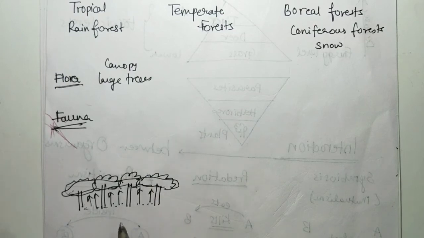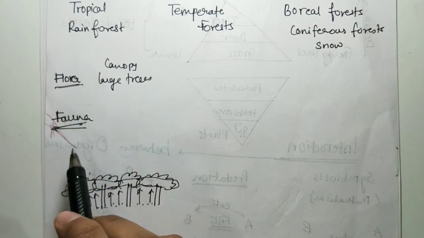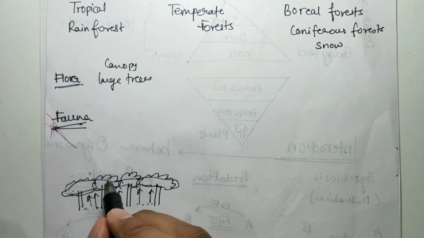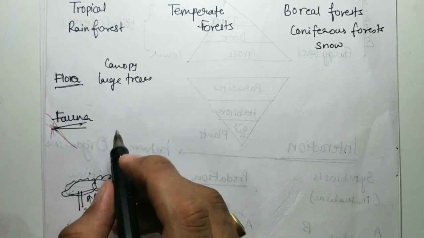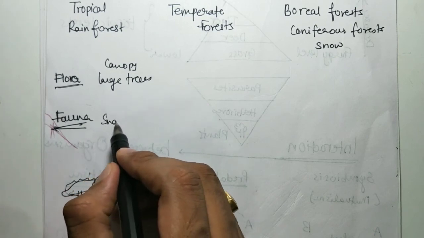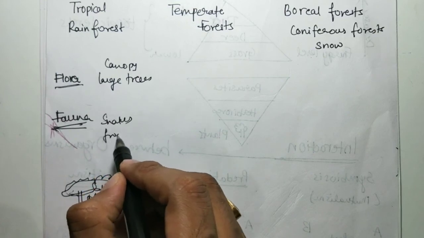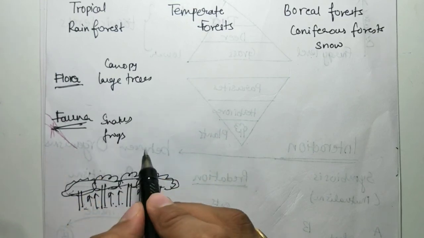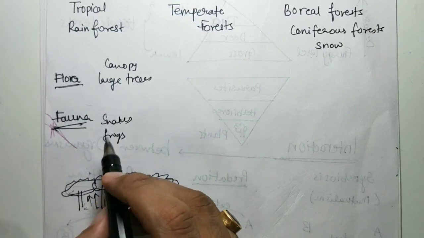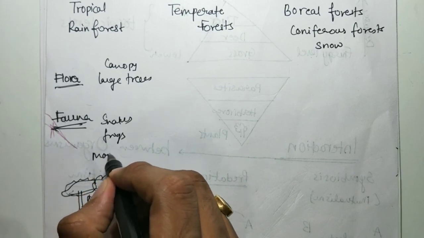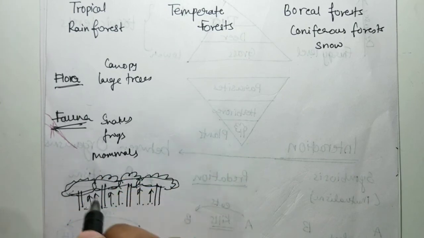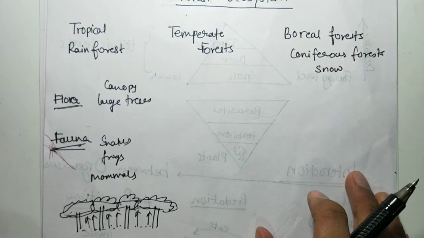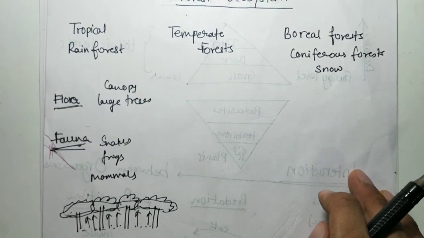And what fauna are found? A large number of animals and wildlife are found here. You can say snakes, frogs, amphibians, which can live in water and land, mammals, all are found in the tropical rainforest.